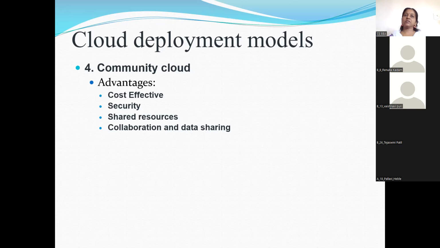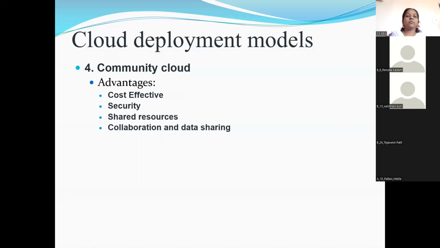That means, in this example, the four are not individually paying 1000, but the charge will be 250 for each of the organizations. As all four organizations have the same need and one particular cloud is shared between them, you will be getting more and more cost effectiveness in this example.